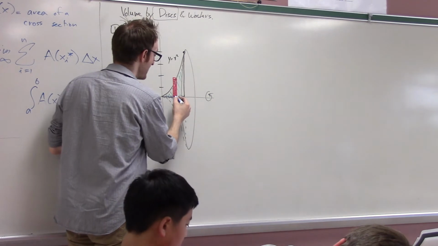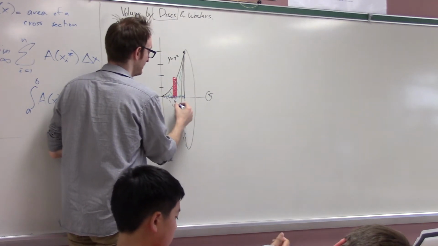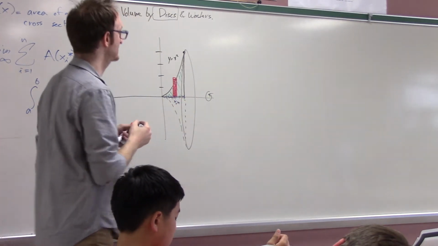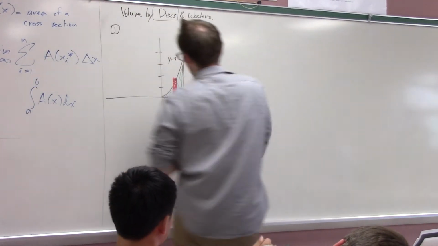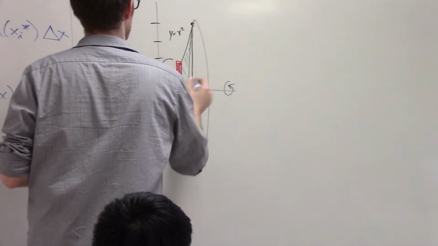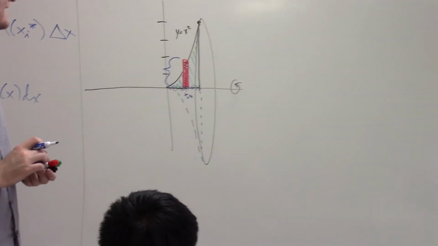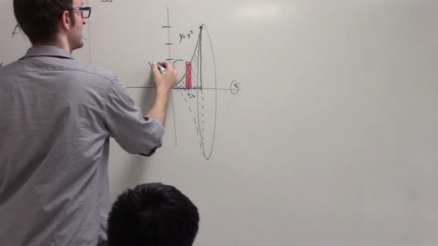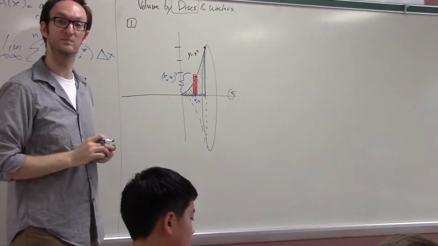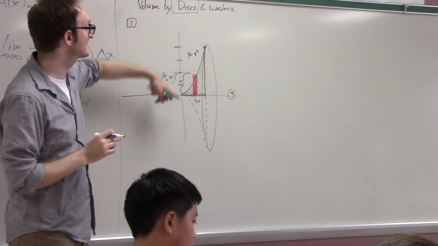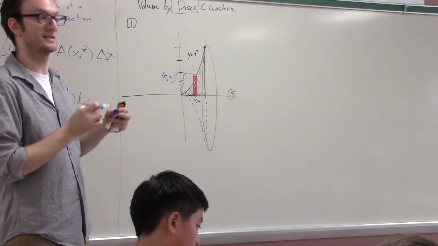In the ith subinterval, I choose a sample point x sub i star, and ask, for that sample point, what is the height of this red rectangle? The answer is x sub i star squared. And that height is the radius of the disc.